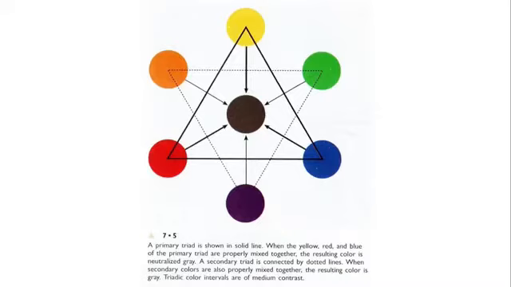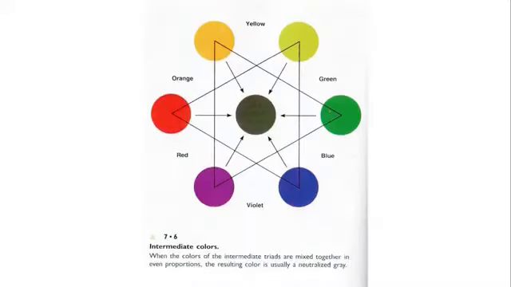So we have the basic primary colors, the basic secondary colors, and then we have intermediate colors where you could mix those together in even proportions, and you should also get a kind of neutralized gray.